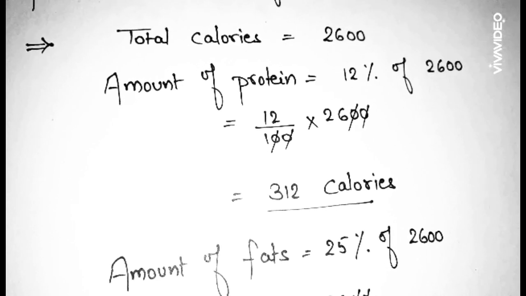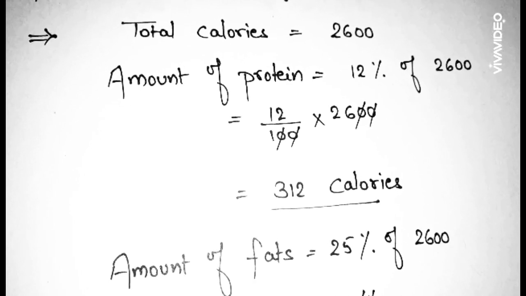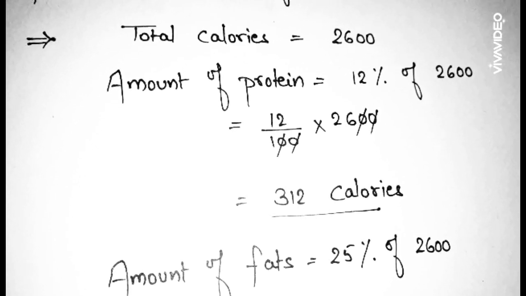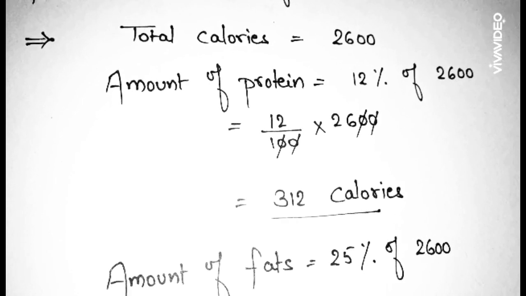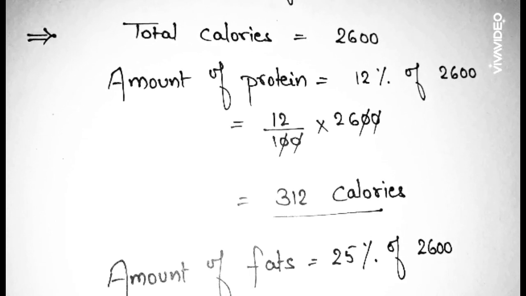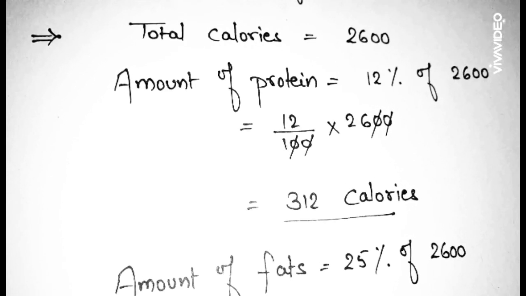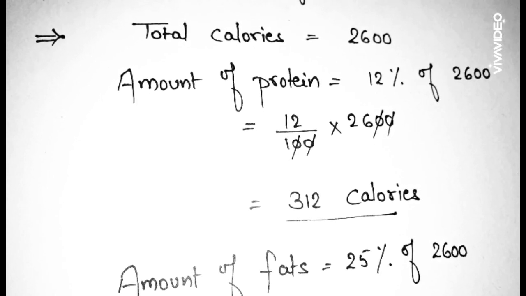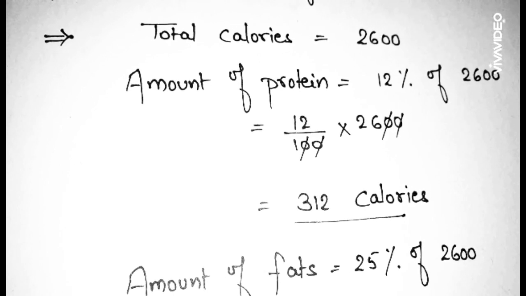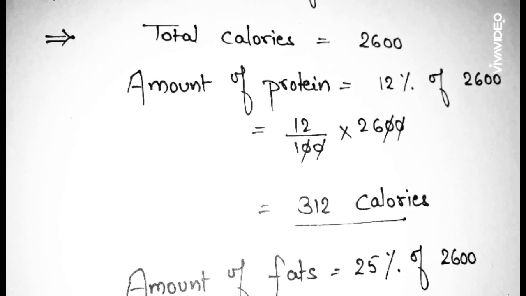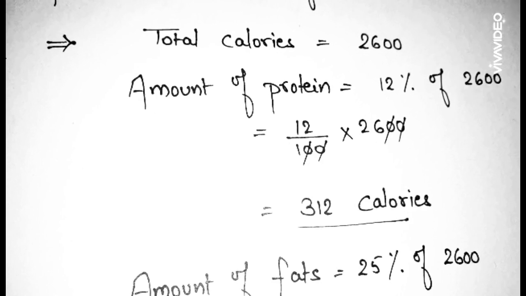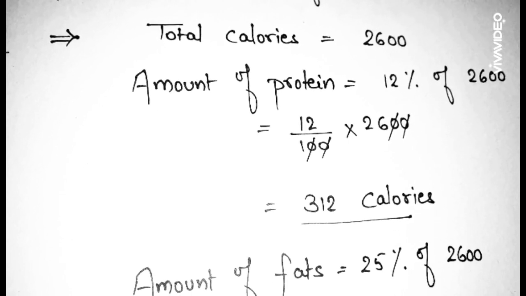That means 12% of 2600. Now we know how to solve this. 12% of 2600 means 12 by 100 of 2600. That is 12 upon 100 into 2600, which will be 312 calories. So the amount of protein is 312 calories.